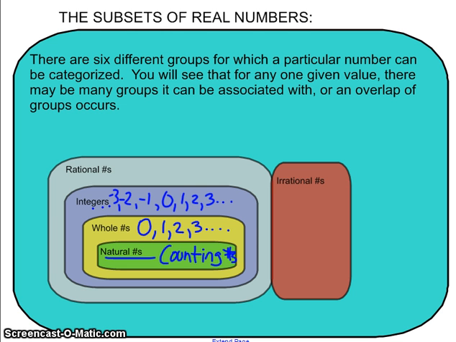I'm saying this for a reason because then we get to rational numbers, and this is where everybody's favorite, fractions and decimals, occur. Now we're going to get a little specific when it comes to the decimal portion of rational numbers.